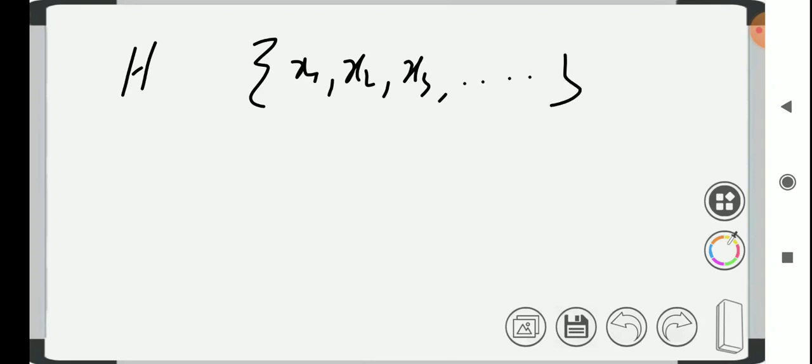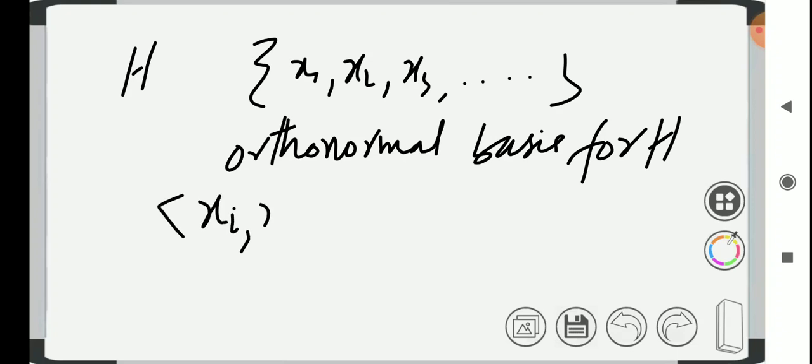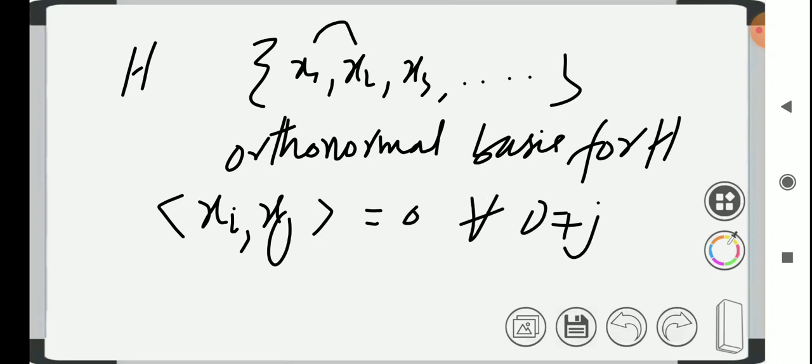We say that this is an orthonormal basis for H if all the vectors x1, x2, x3 are pairwise orthogonal, that is, the inner product of xi with xj is simply 0 for all i not equal to j, and also their norm is 1, that is, the inner product of xi with itself is simply 1.